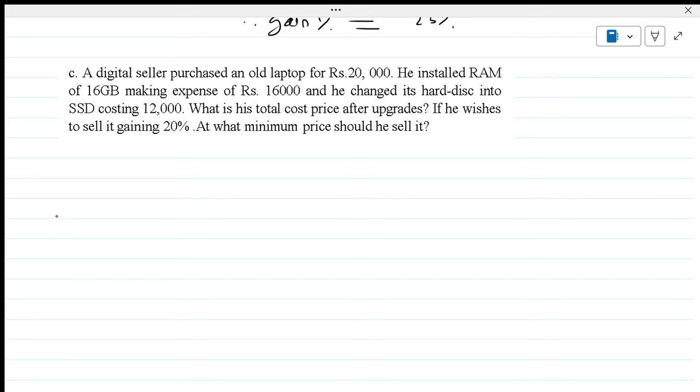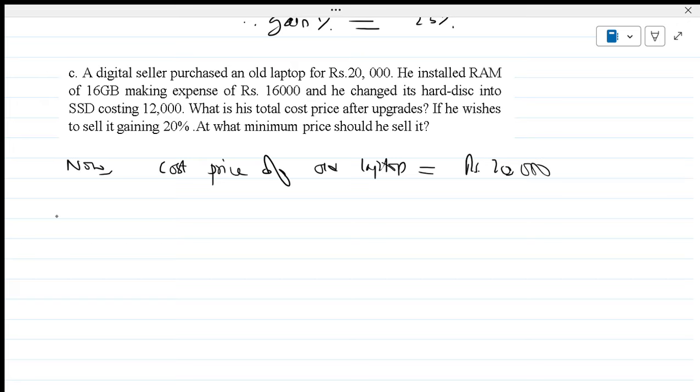So let's go for this now. First we are given the cost price, or purchase price, of the old laptop. He purchased it for rupees 20,000. That is the first thing we are given.